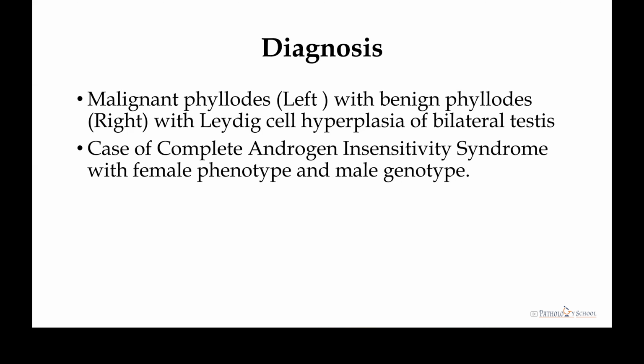Ma'am, actually, Leydig cell tumor is more often unilateral than bilateral, and bilateral reported cases are very rare. Since this patient complained of bilateral masses for 5 years in the inguinal region, it goes more in favor of hyperplasia, and that explains why she developed gynecomastia and then benign and malignant phyllodes.